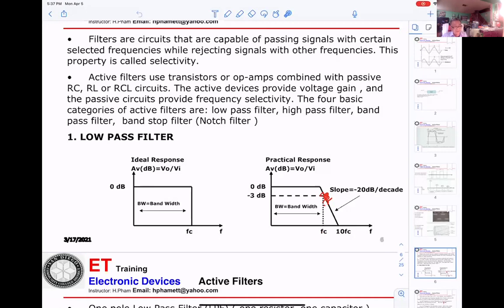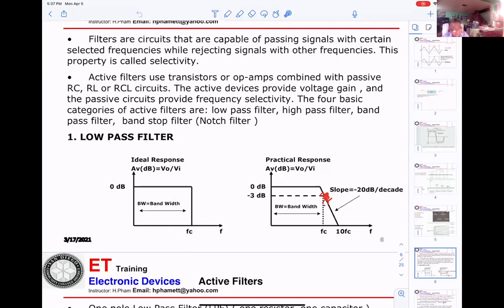And when they say the slope equals minus 20 dB per decade, what does that mean? It tells you that if you increase the frequency 10 times, for example if the cutoff is 1K, 10 times will be 10K, then the output will go down 20 dB per decade.